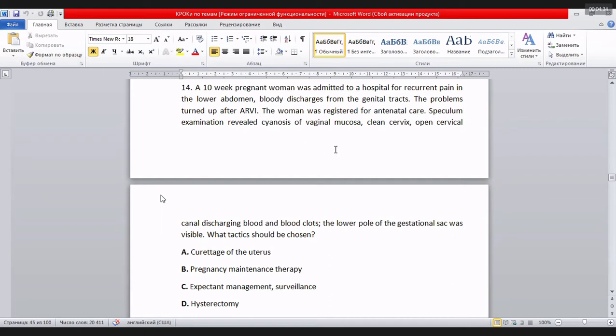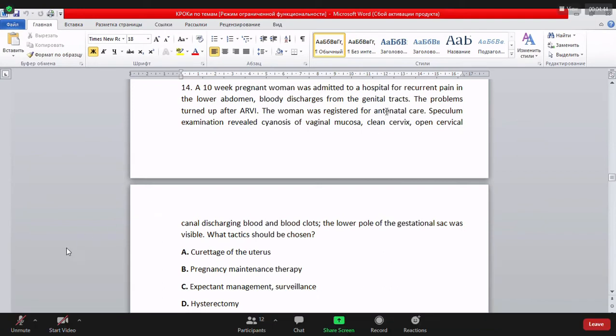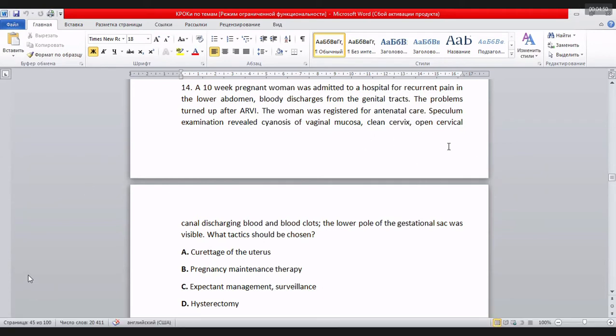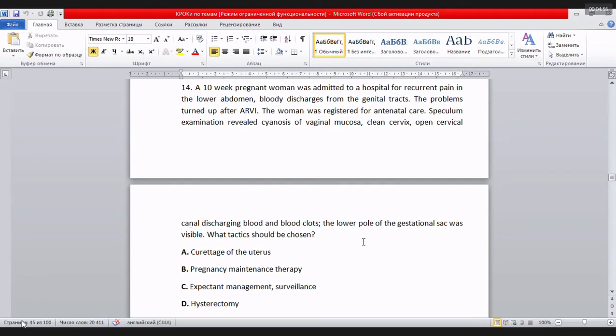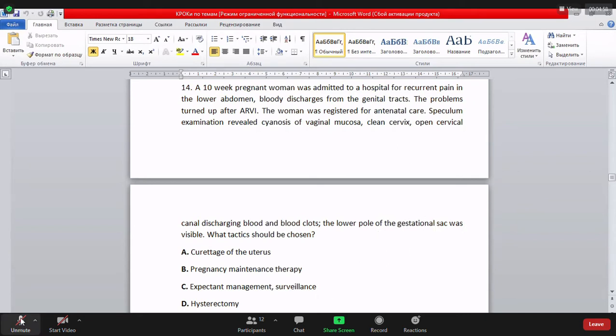Speculum examination revealed cyanosis of the vaginal mucosa, which is normal for a pregnant woman. Clean cervix means there are no pathological changes or formations on the surface of the cervix. Open cervical canal discharges blood and blood clots. The lower pole of the gestational sac was visible.